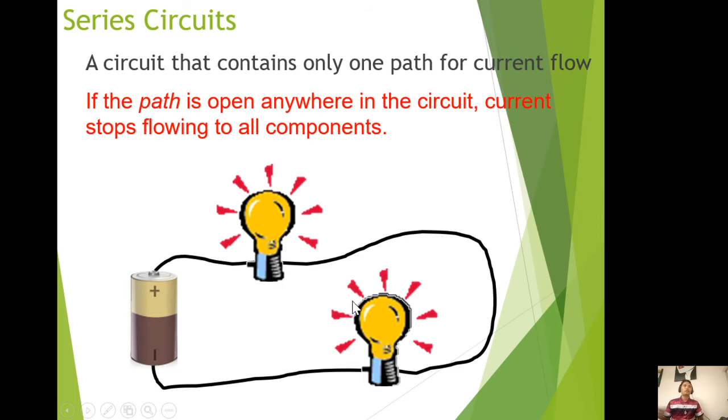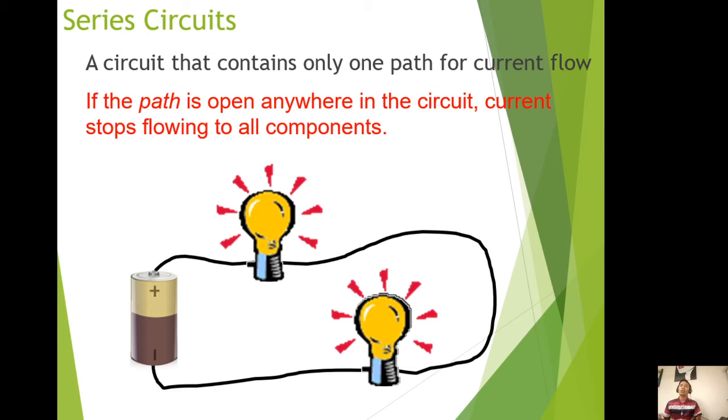So a series circuit contains only one path for current, as you can see in the illustration. If the path is open anywhere in the circuit, the current stops flowing to all components. As I've said, the current cannot jump. It will never jump.